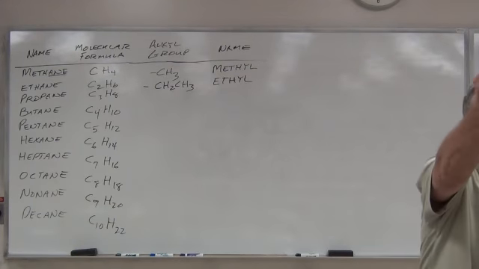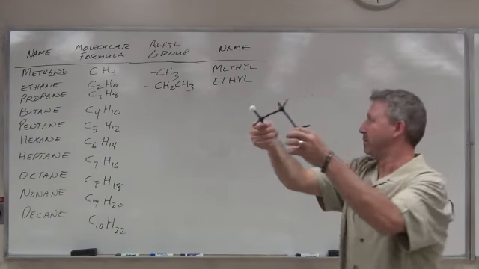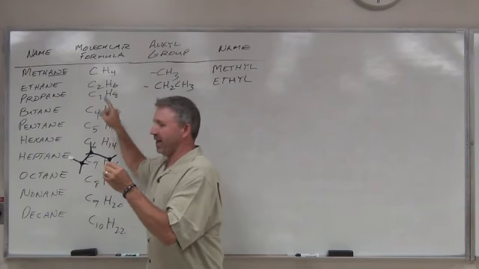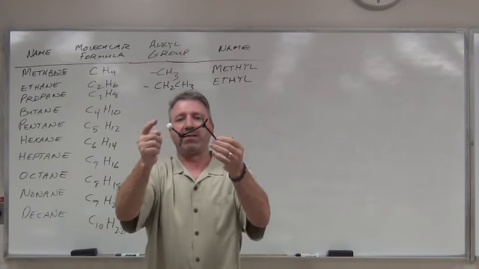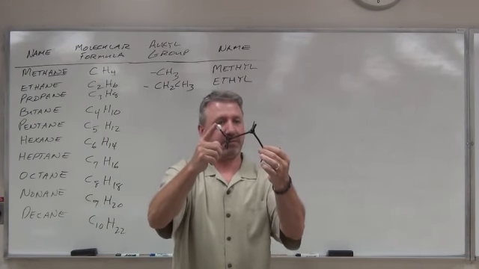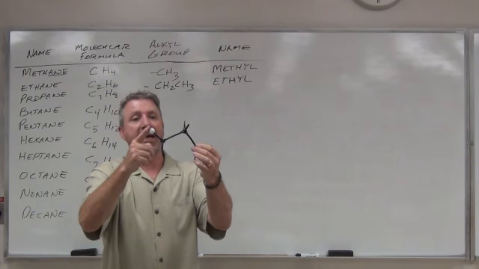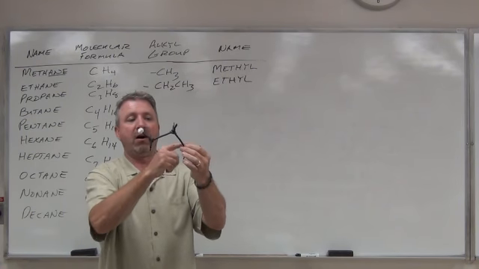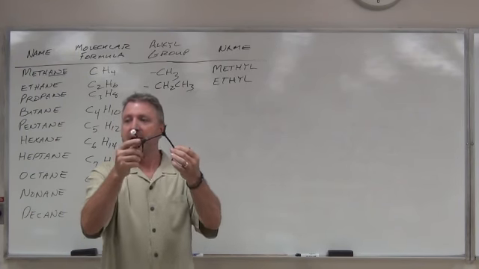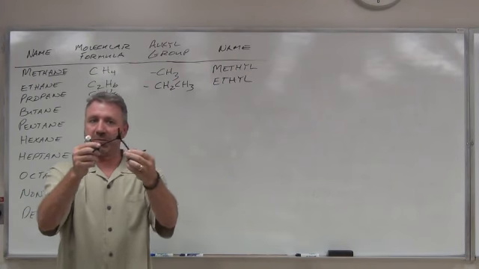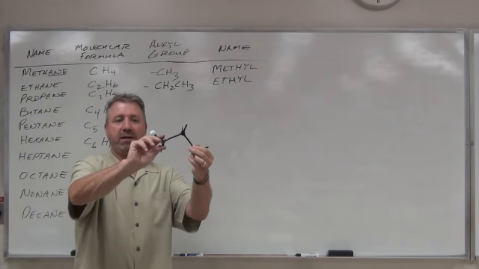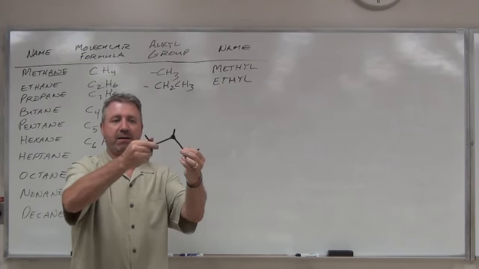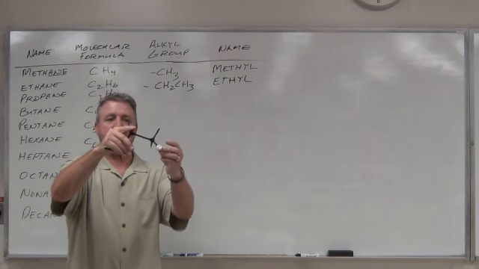C3, propane, right? C3H8. I still have one of my hydrogens labeled. Can I make that hydrogen appear at all of the other positions by rotating the molecule in space? Let's make it appear here. That was easy. How about here? Yep. How about on the other side? Yep.